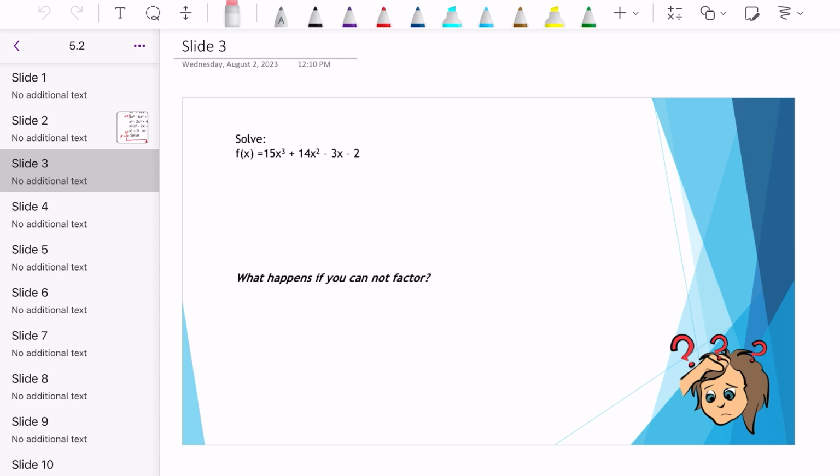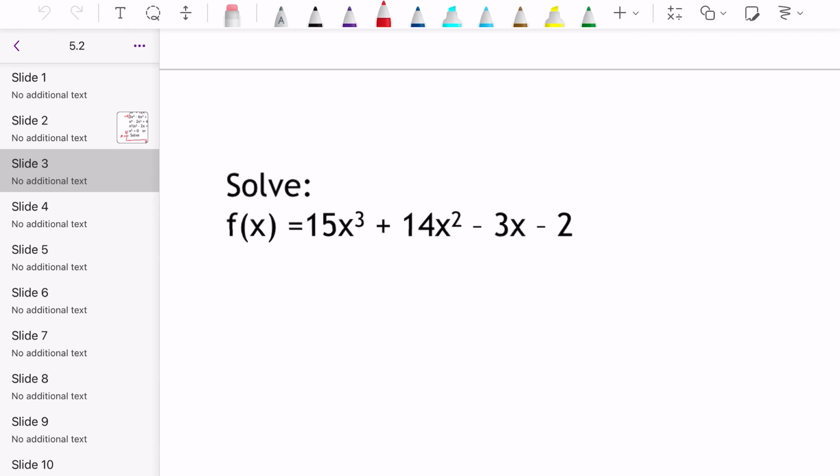Now, as we are looking at our next problem on slide 3, the first thing that we need to do is find our P's and Q's. So in this case, P would be 2, Q would be 15. And what's going to happen is that we are going to find the factors of those numbers.